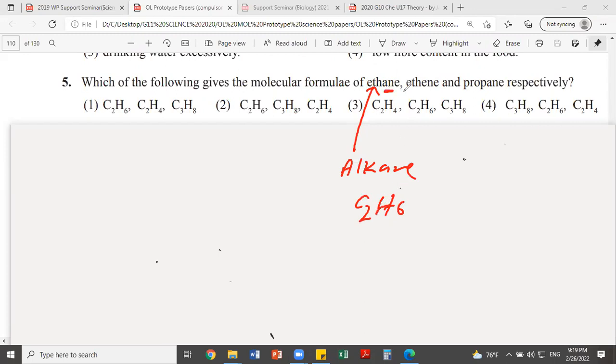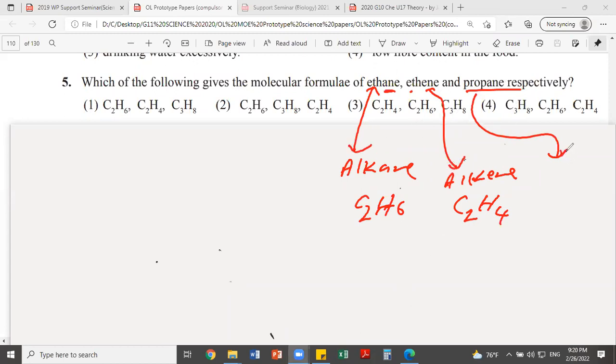Ethene is an alkene, it is C2H4. And this is propane, C3H8. C3H8, that is a hydrocarbon.